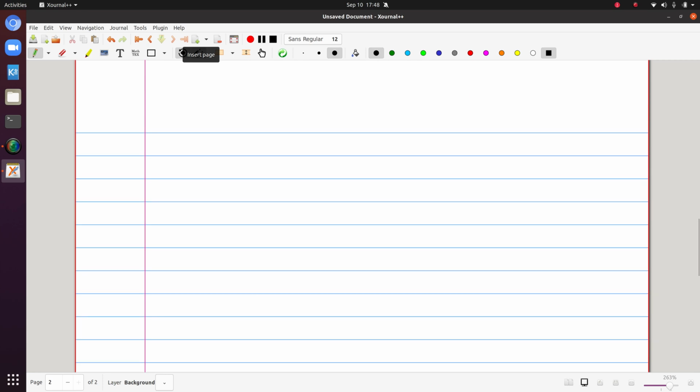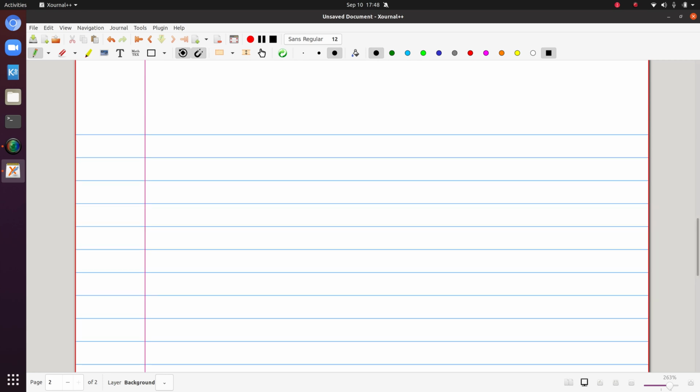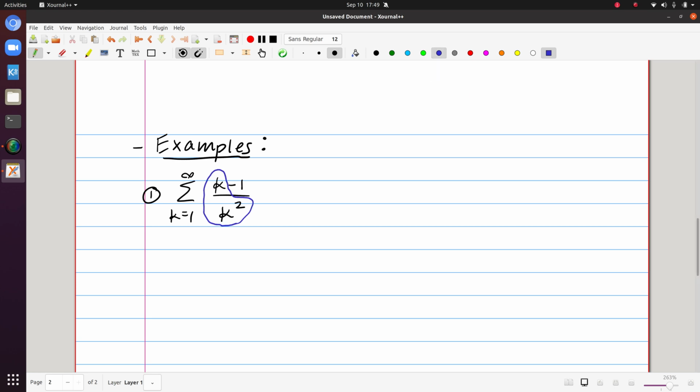Okay, let's now look at examples where we start to use this. To begin with, I want to start with the example that I ended with in our comparison test video, and that was what led us to this situation where we had an inconclusive result for the comparison test. We were looking there at the sum from k equals 1 to infinity of k minus 1 over k squared. What I pointed out is that usually when you see a polynomial in k over a polynomial in k, the best comparison is to take the highest power in the top and the bottom.